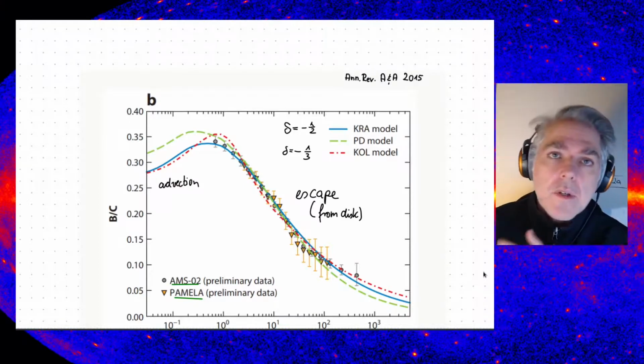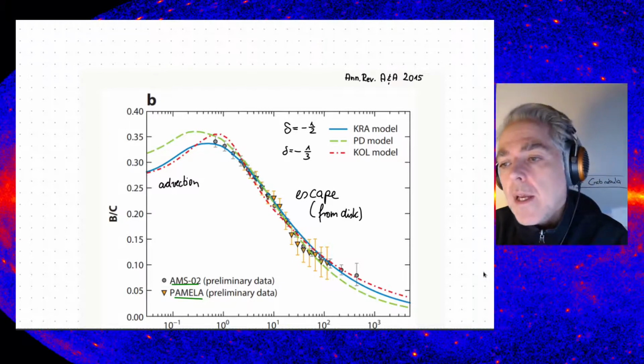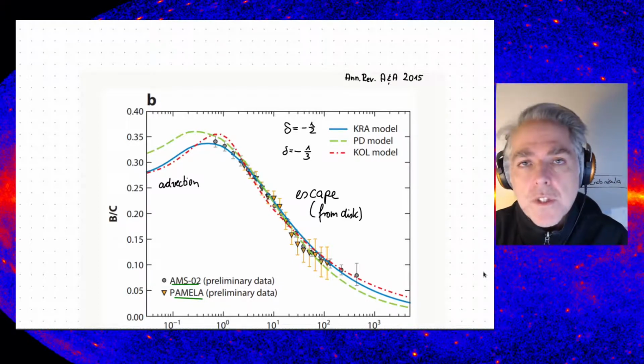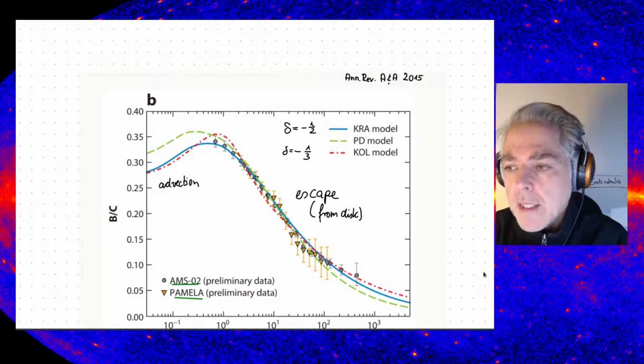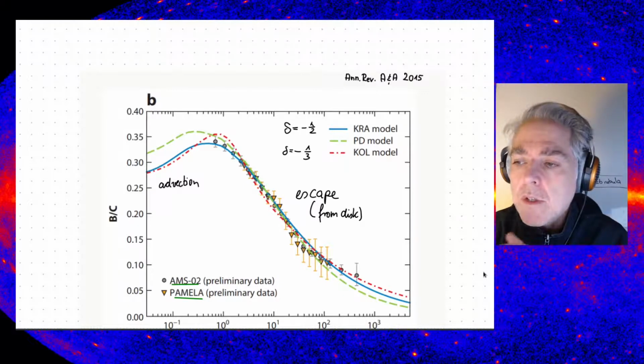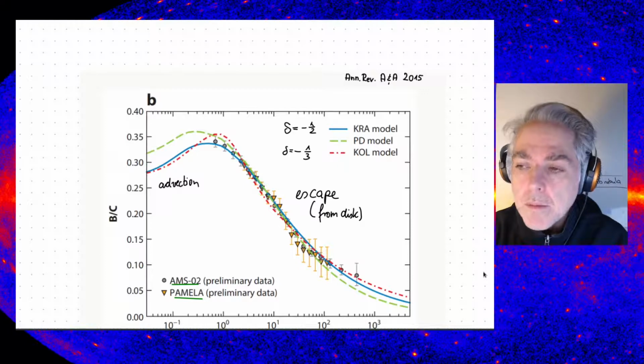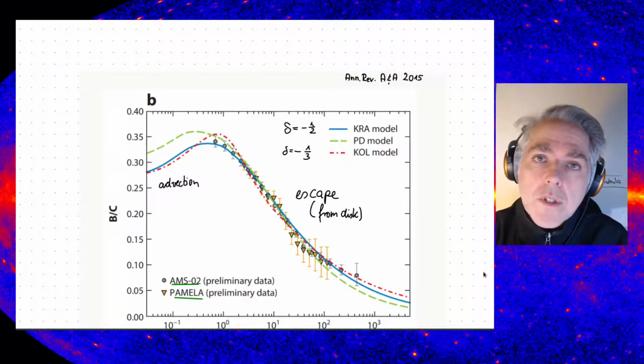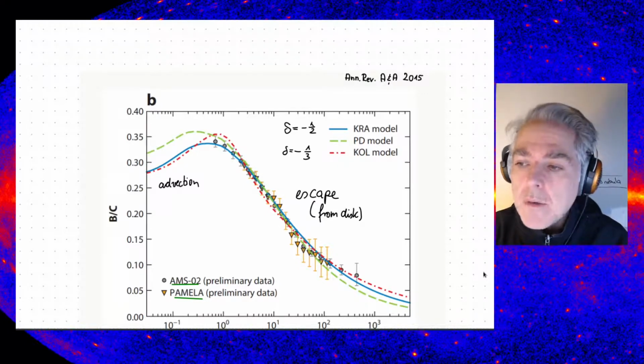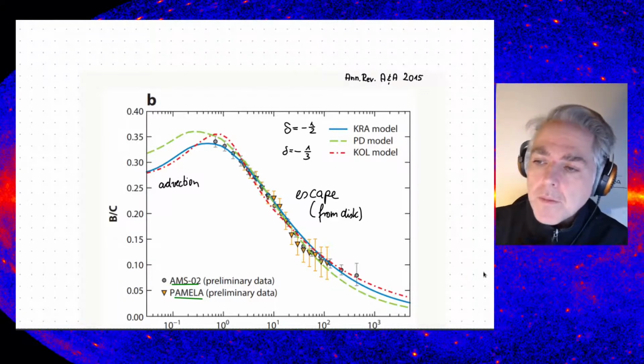And this then leads to a particular way that this rigidity-dependent diffusion coefficient behaves. So there's the so-called Kraichnan power law spectrum and the Kolmogorov. Kraichnan is the blue line with R to the minus 1.5, whereas the Kolmogorov, the red line, goes with R to the 1/3.